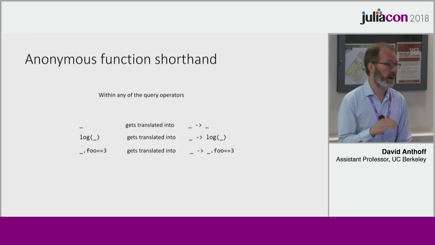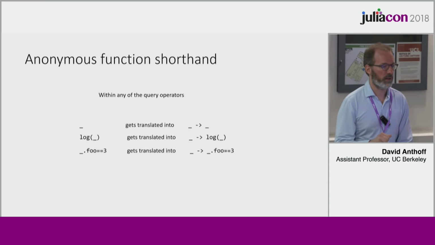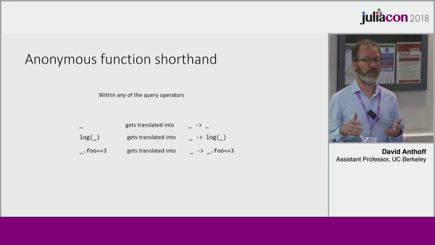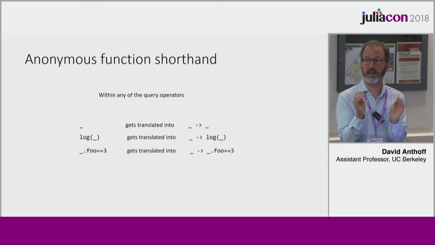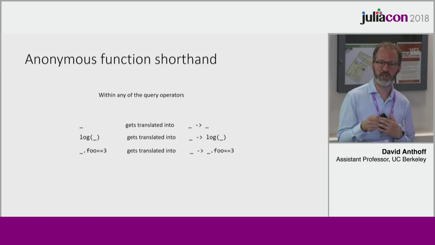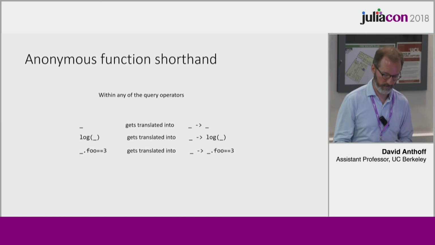If you write something like underscore dot foo equals 3, it gets translated into an anonymous function that takes one argument, and then on the right-hand side, the condition is written down. So essentially, when you write something with an underscore as an argument to any of these query operators, it will take that expression, put it onto the right-hand side of an anonymous function, and use the underscore as the argument name for that anonymous function.